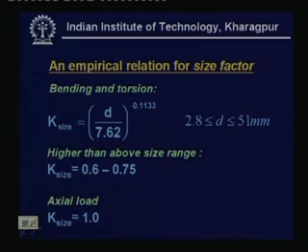Now, this particular empirical relation shows that if a machine member is acted upon by bending and torsion, the K size, or the size factor, is defined by the equation d divided by 7.62 to the power minus 0.1133, where d, the diameter of this machine member, varies from 2.8 to 51 millimeter.